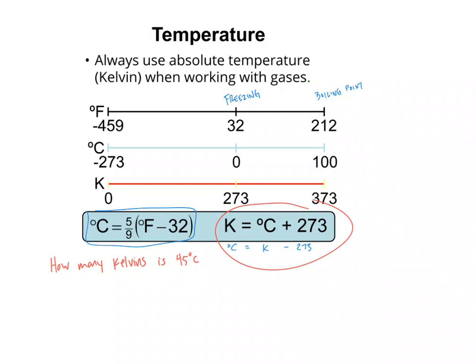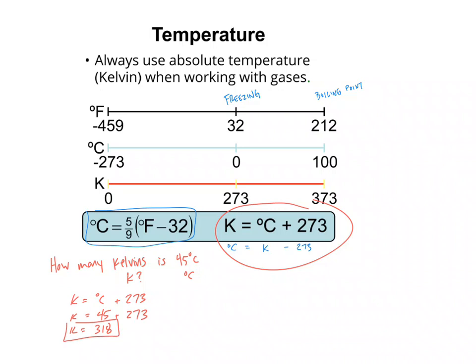It says that kelvins is equal to your temperature in Celsius plus 273. So kelvins is what I want to know. This is my temperature in Celsius. So K equals degrees Celsius plus 273. So kelvins are unknown. My temperature in Celsius was 45 degrees. And I add 273 to that. And 45 plus 273 is equal to 318 kelvins. Okay.